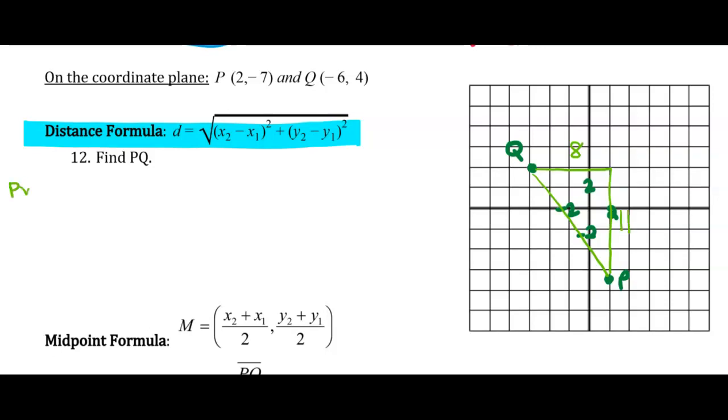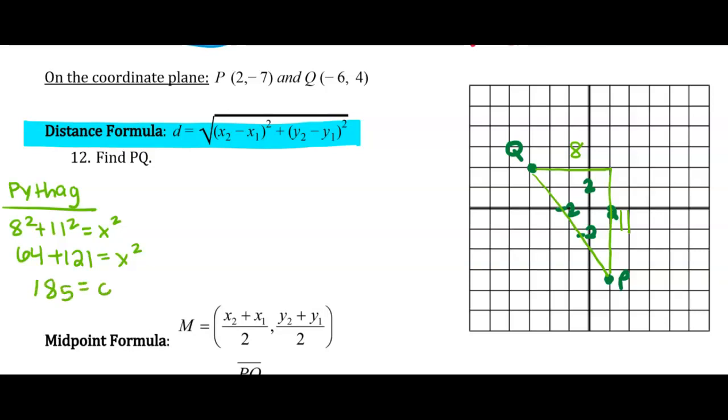So using the Pythagorean theorem, you would have 8 squared plus 11 squared will equal x squared. 8 squared is 64 plus 121 is equal to x squared. So then that would be 185 is equal to x squared. So x will be the square root of 185, which is approximately 13.6.